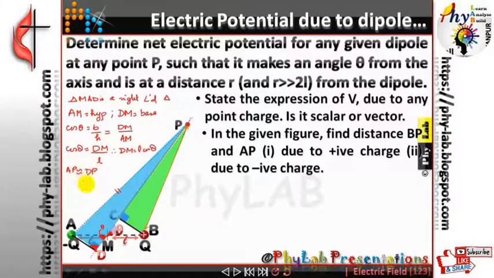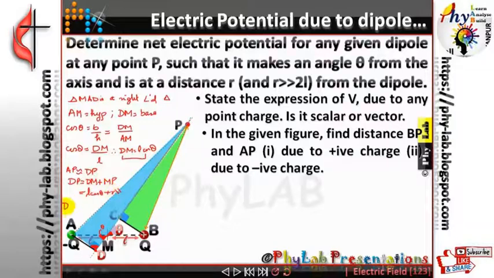But if you look at DP, DP is nothing but DM plus MP combined. What is DM, friends? DM we have already calculated as L cos theta. So let me put it as L cos theta, and MP was nothing but R.